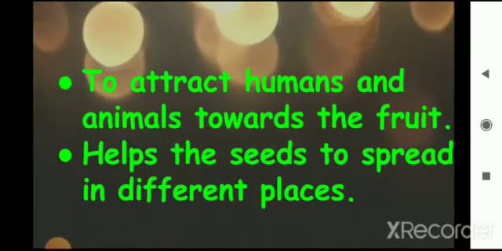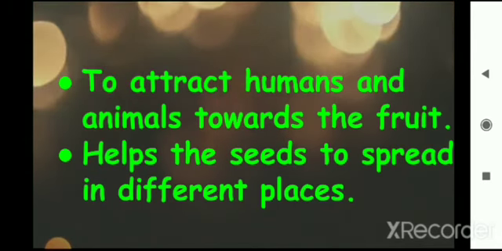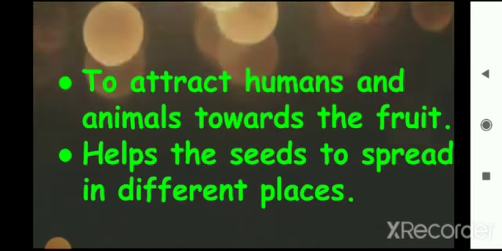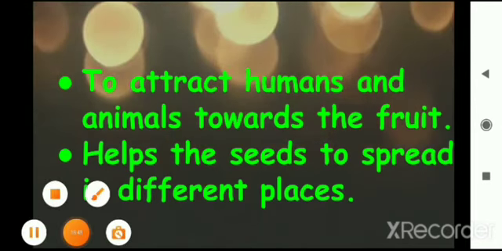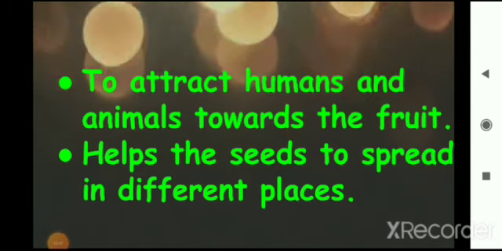When we throw the seeds of different fruits in different places, this is helpful in what? This is helpful in pollination. Clear? So are you clear why ovary of most fruits become fleshy and juicy? Any confusion?